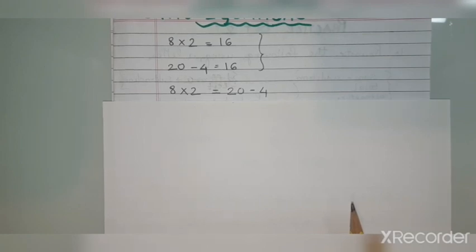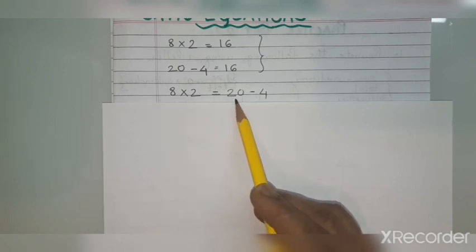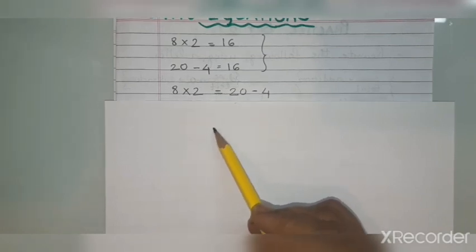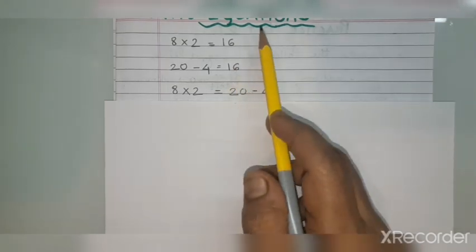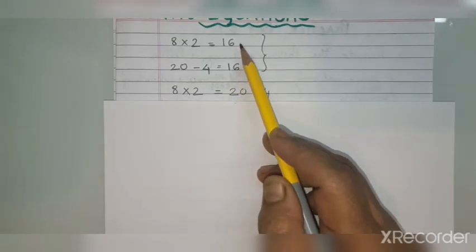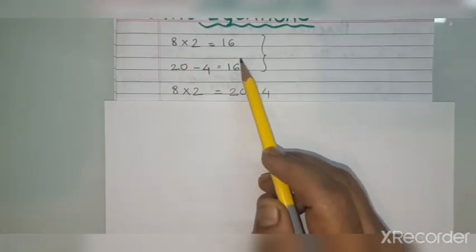You can see here. Now, why did I write this? I was able to write this only because I found that the answer or the solution to both is equal.